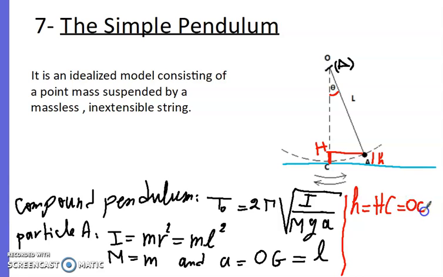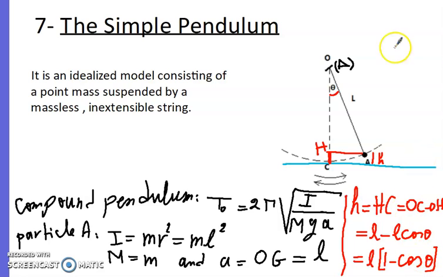OC minus OH. But OC is the length of the string, L. And OH, if you apply cosine theta in the right angle triangle, you get L cosine theta. So H becomes L into 1 minus cosine theta, right? Okay, let's replace it here.